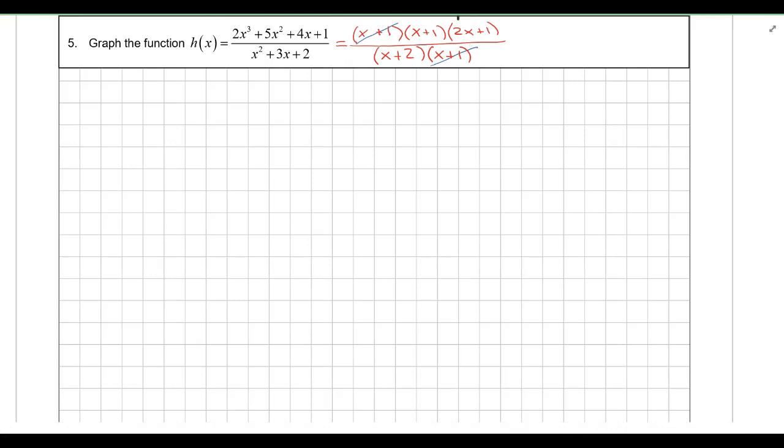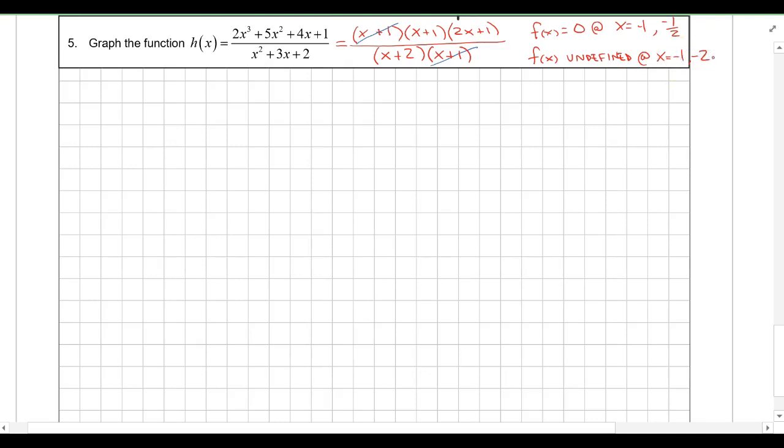Just to make a note up here, I know that f(x) will equal 0 at x equals -1 and -1/2. f(x) will be undefined at x equals -1 and -2.